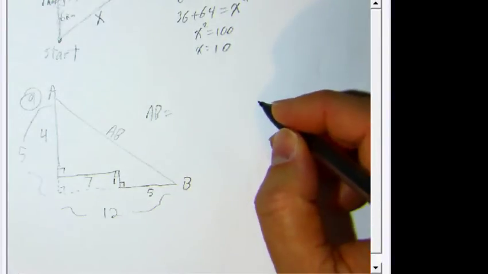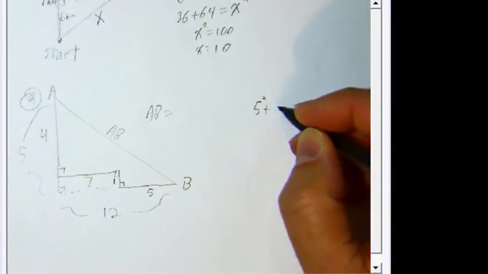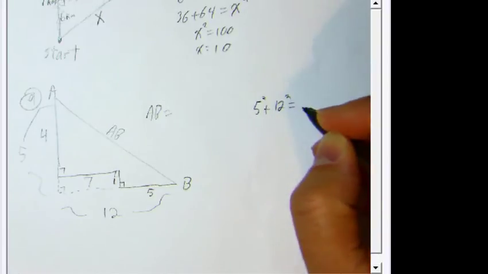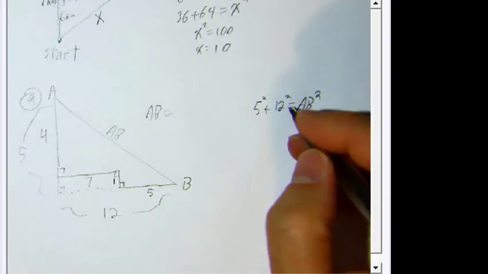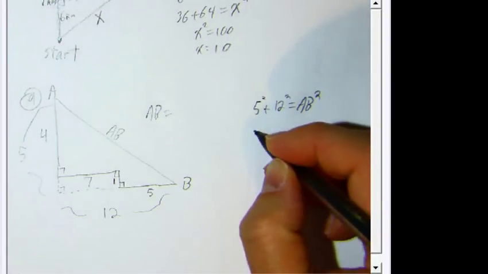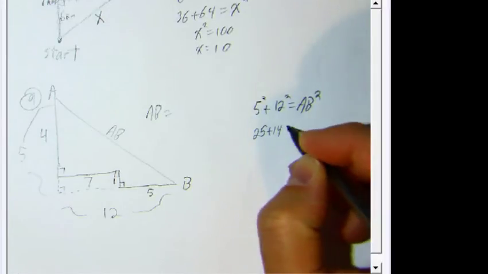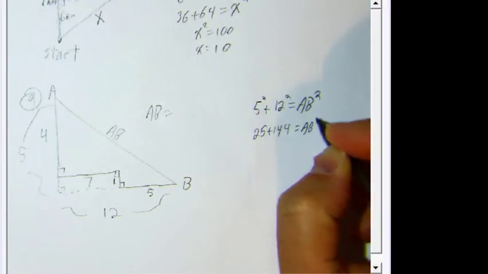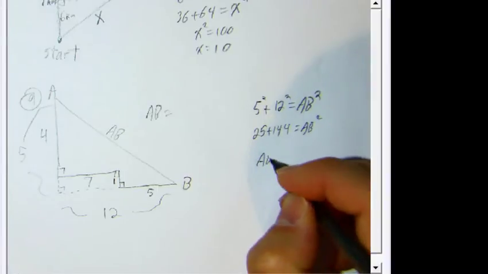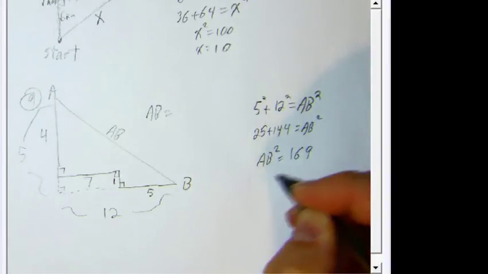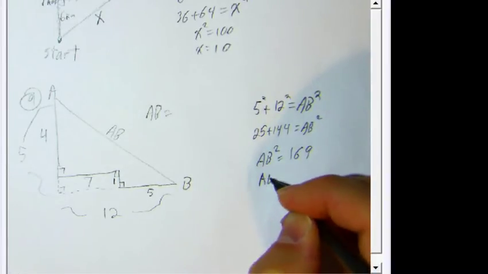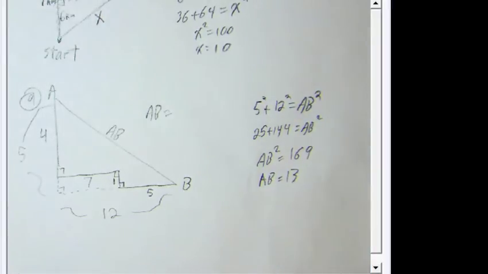So then 5 squared plus 12 squared equals AB squared. So we get 25 plus 144 equals AB squared. So then AB squared equals 169. So square root both sides, and AB is 13.